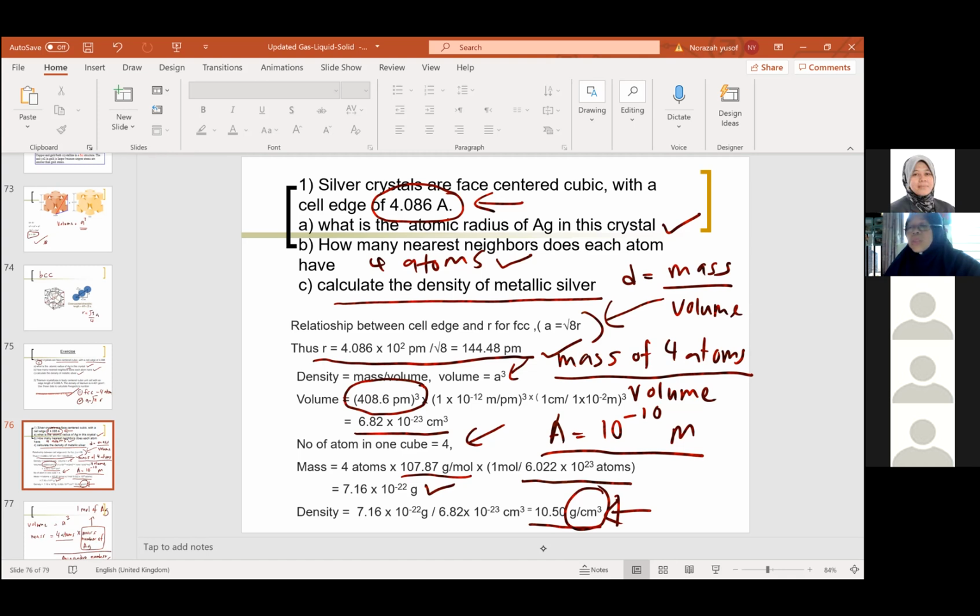So now we change to revise back a bit on bonding, okay? Bonding part 1.